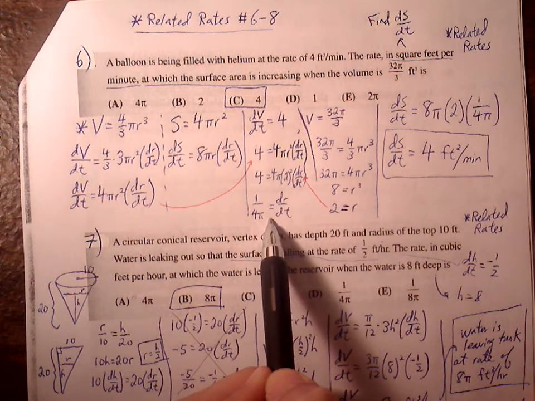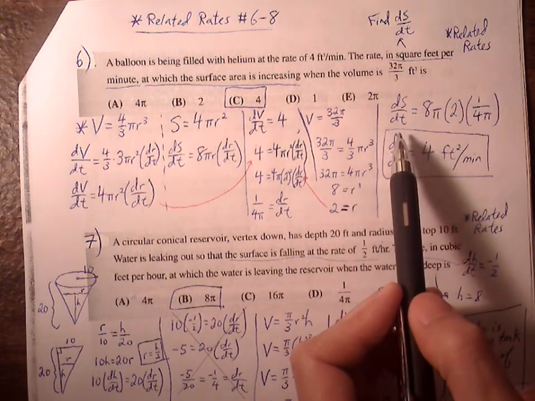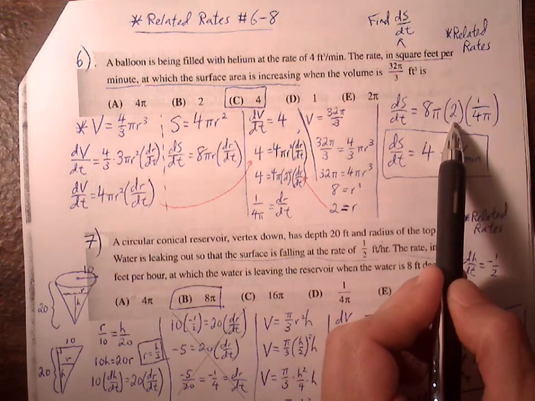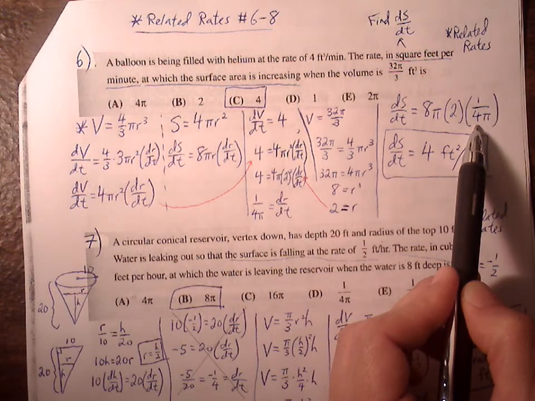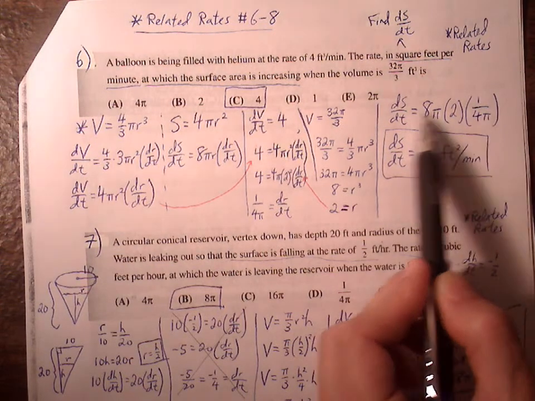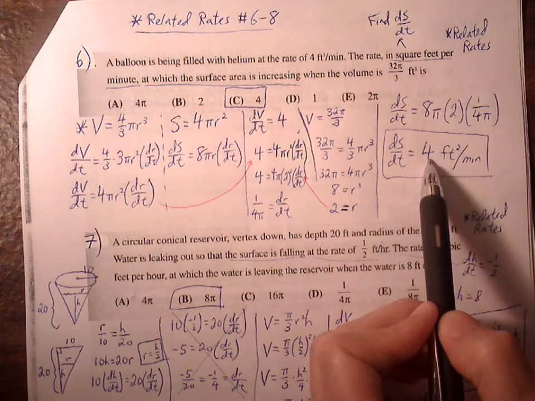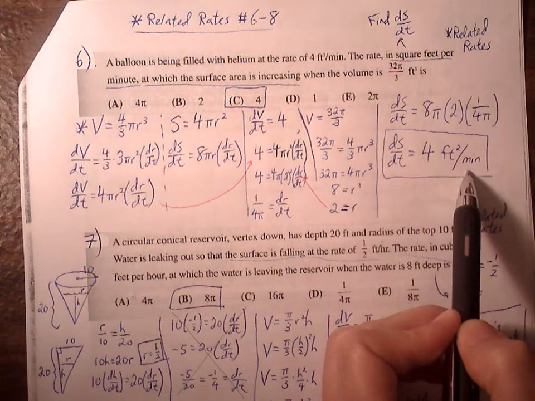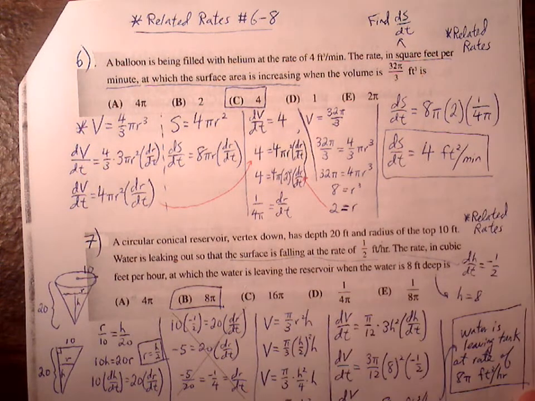So that's our dr/dt. So that's all the information that we need. dS/dt is going to be 8 pi r. Our radius is 2, and then our dr/dt is 1 over 4 pi. We reduce, clean this up to be 4 square feet per minute is going to be the rate of change of our surface area.